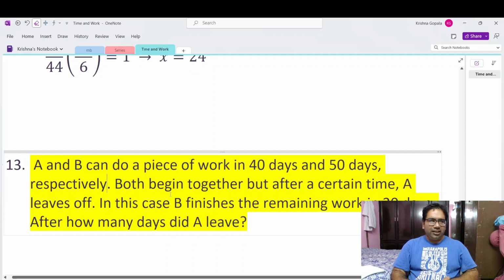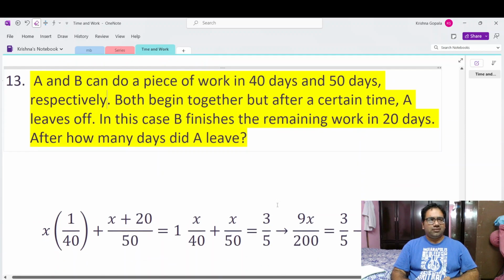That means A and B together worked for some X days and then B worked for 20 more days. Let's assume A worked for X days. Then B worked for X plus 20 days. Each day A's contribution is 1 by 40 and B's contribution is 1 by 50. It is simple. X into 1 by 40, the contribution of A, plus B worked for X plus 20 days, X plus 20 into 1 by 50. This is the equation.